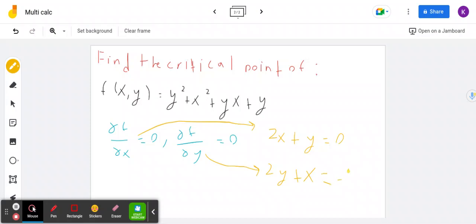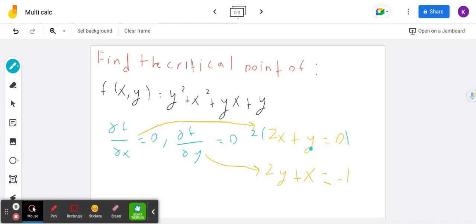So this actually becomes a simple problem because this is a system of two equations, and we can use elimination. We can multiply this equation by 2, and if we do so, we get 4x plus 2y is equal to 0.